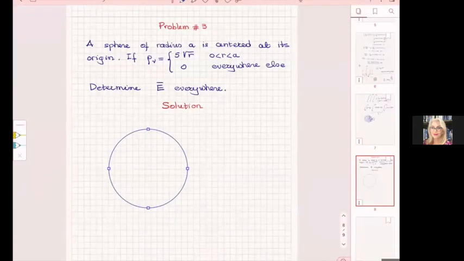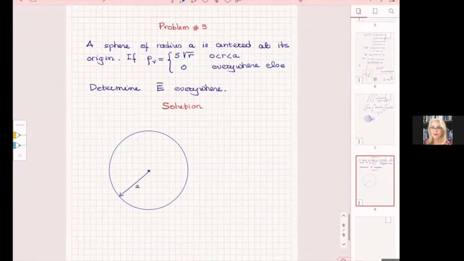Okay, so we have this sphere with radius alpha and the charge distribution is 5 square root of r inside, and 0 outside.